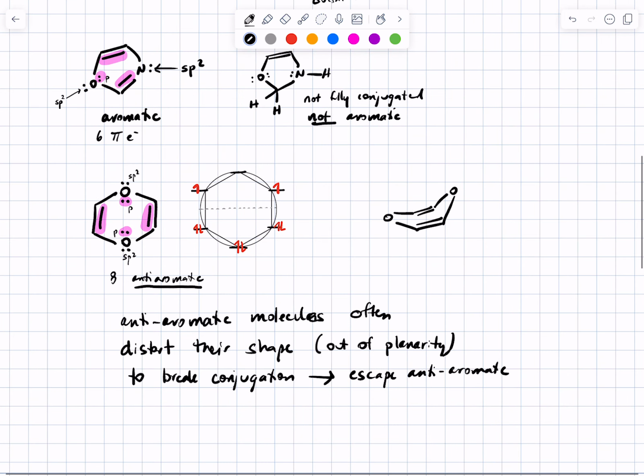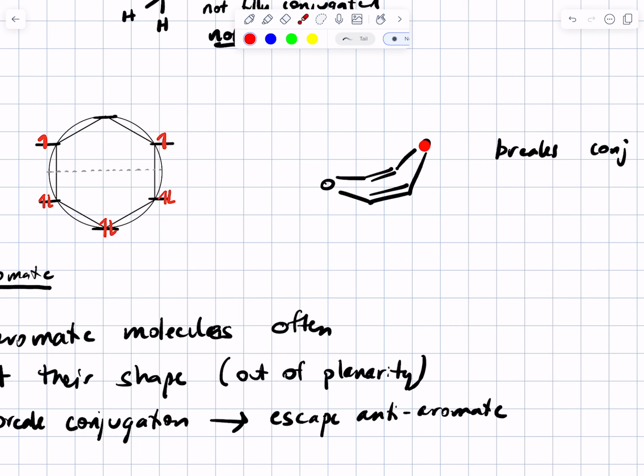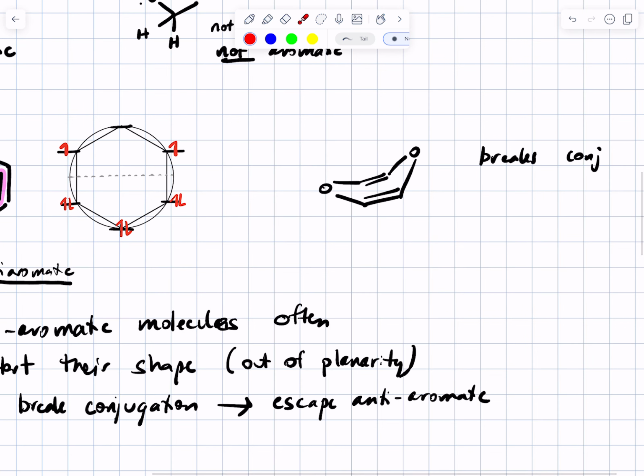The two oxygens will pucker up, or maybe one will pucker up and the other will pucker down out of planarity. That breaks conjugation. In this example, the oxygens go from being sp2 hybridized to something more like sp3 hybridized. And what does that do to the orbitals?